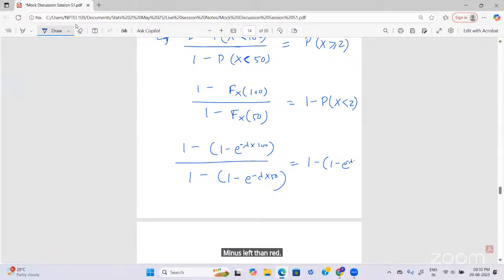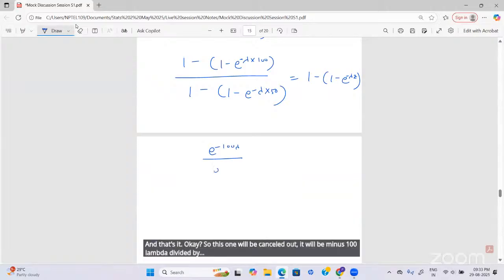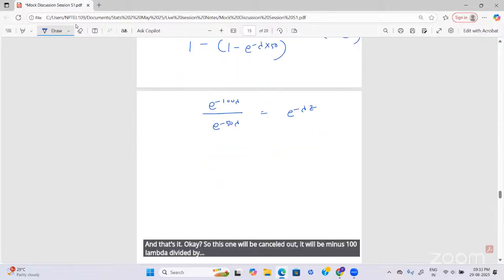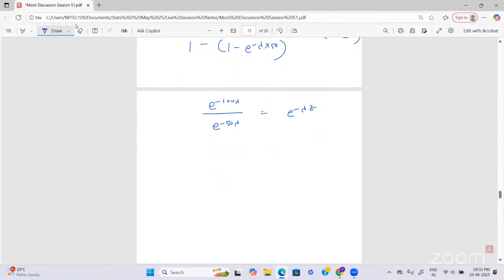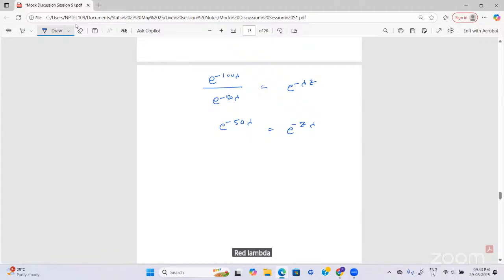So this one will be cancelled out. It will be e to the power minus 50 lambda, and here it is e to the power minus z lambda. Now you can compare these two. So the value of z will be equal to 50.